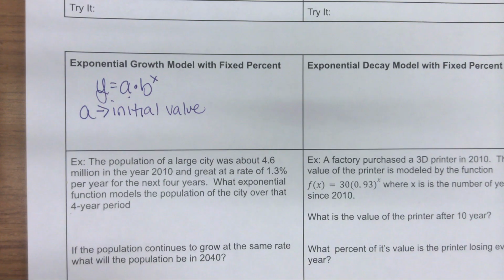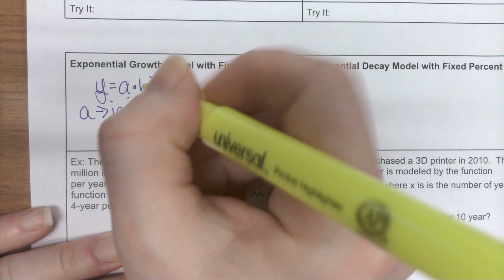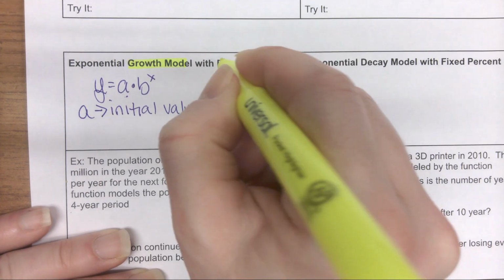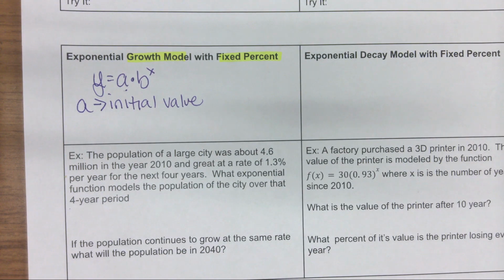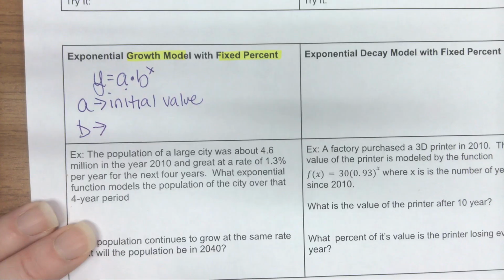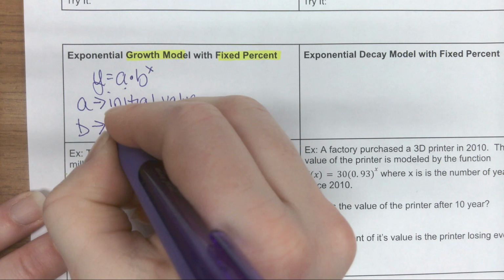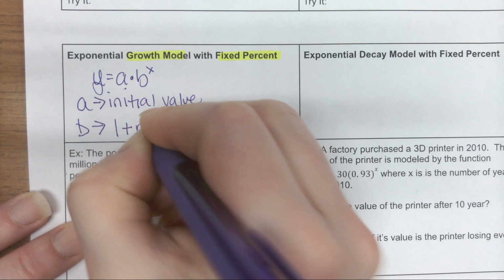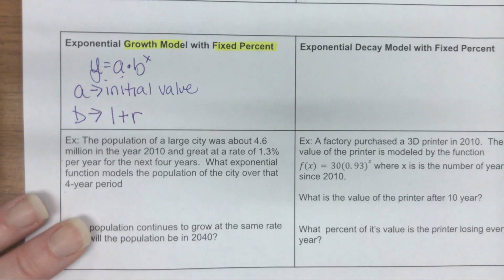When we are growing at a percent, you'll see the problem say something like it's growing at 2% per year. That in my head tells me this is exponential. To find B, we're going to add 1 to that percentage.